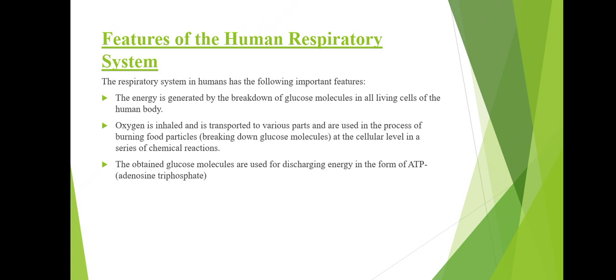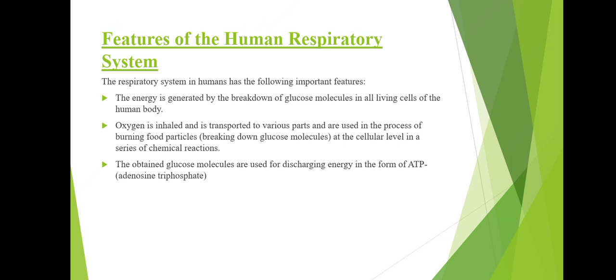Now we can look into some of the important features of the human respiratory system. The respiratory system in humans has the following important features. Energy is generated by the breakdown of glucose molecules in all living cells of the human body.